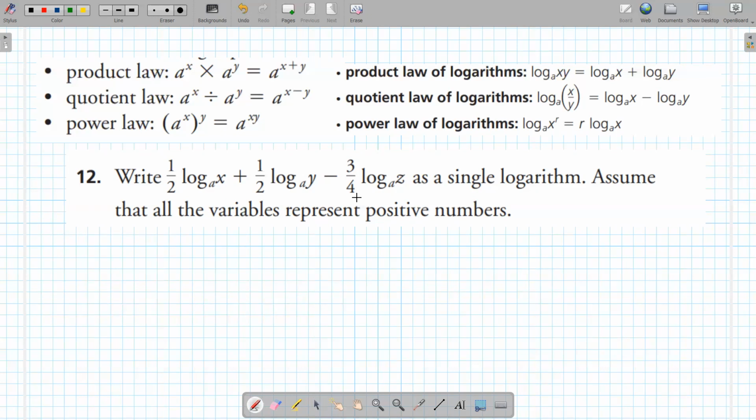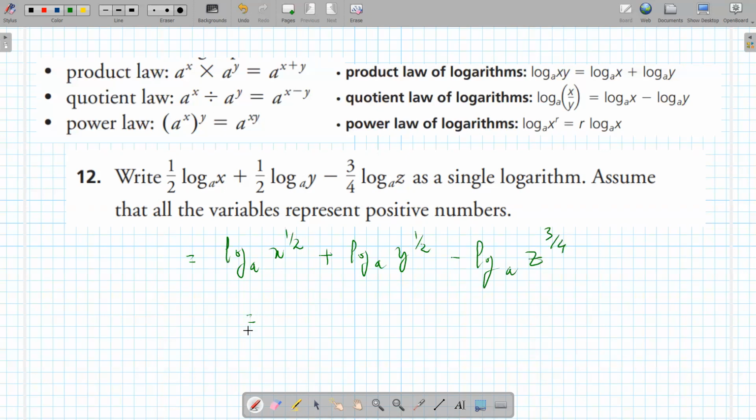You multiply and divide. But before you do that, there are numbers in the front. You can't do that unless you do something with the number. So what do we do with the 1/2, 1/2, 3/4? You rewrite them. We're going to throw it in as an exponent. So this becomes log of a x to the 1/2 plus log of a y to the 1/2 minus log of a z to the 3/4.